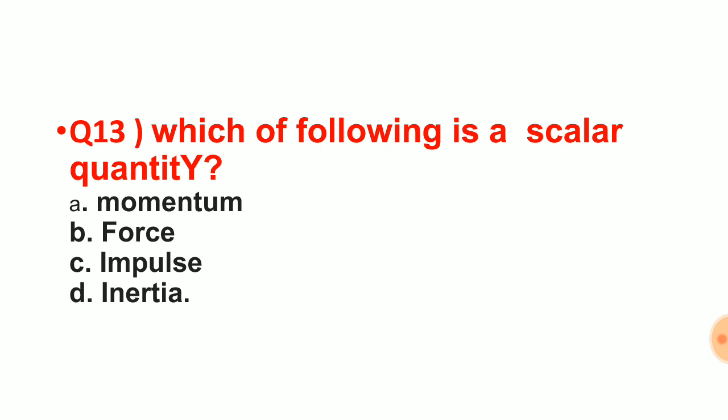Inertia is a scalar quantity. All other quantities are vector quantities. If two or more terms are there, you need to identify what type of product it is. Scalar into vector is vector, and for the other types of quantities you need to see my previous videos on scalar and vector products. In this case, option D is the correct answer for question number 13.